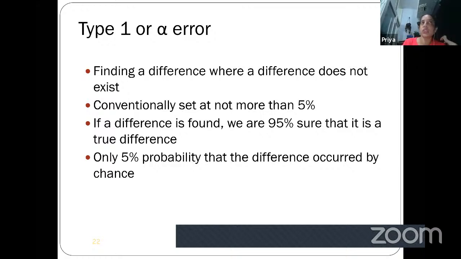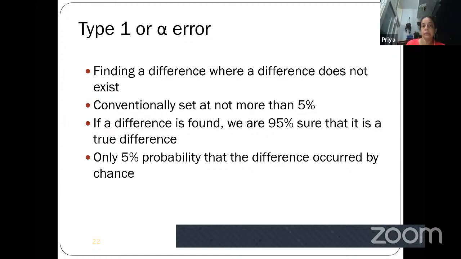So just to go over this once again, type 1 or alpha error: finding a difference between treatments where a difference does not exist. Conventionally, we set it at not more than 5%. What this means is if at the end of your study you find a difference, you're 95% sure that it is a true difference, and there is only a 5% probability that the difference occurred just by chance.